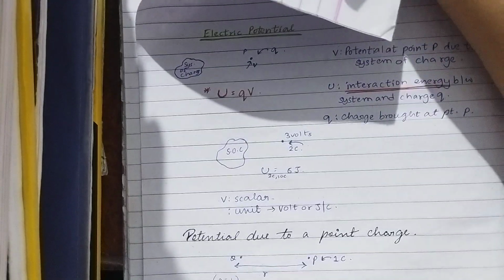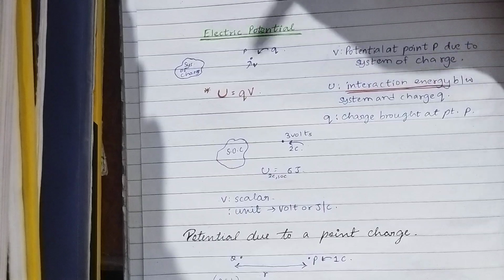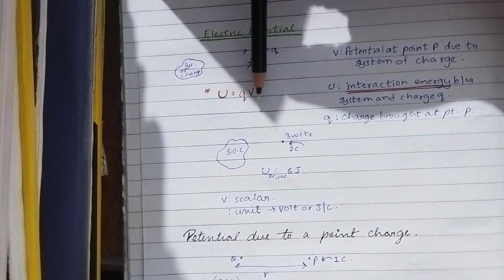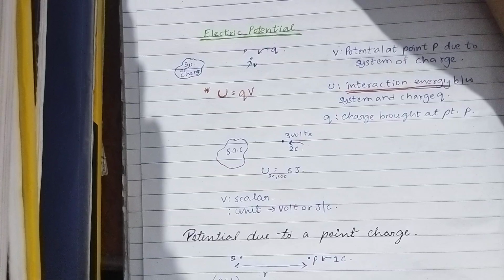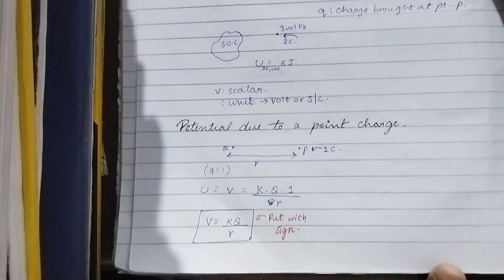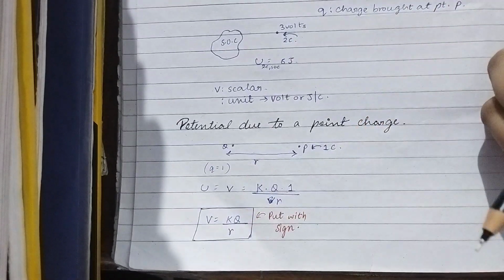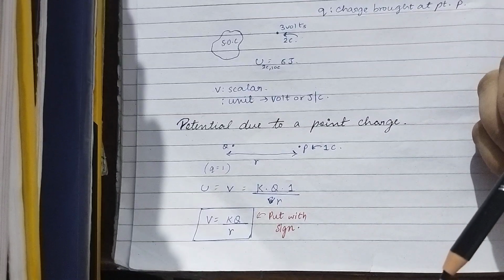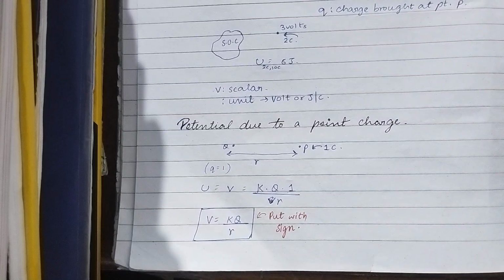See, I already told you, after potential energy you have potential, that is V, which is U by Q, which actually makes V equal to KQ by R. And all these things we are talking about are point charges. Please don't get confused. We are talking about point charges right now.